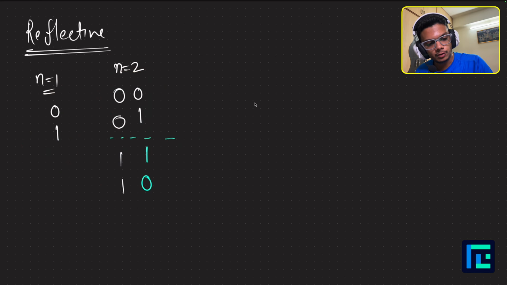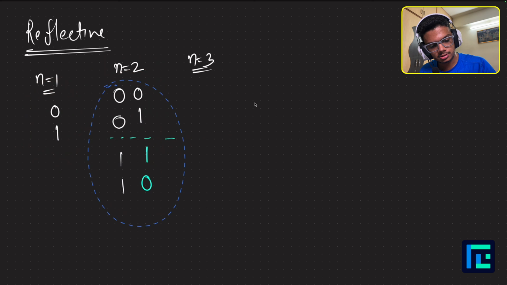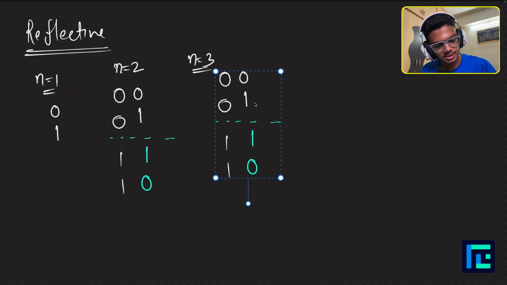If you want to get gray codes for n equals 3, you take the gray codes for n equals 2. So these are the gray codes for n equals 2. You put a mirror here, and try to look at it from the bottom.